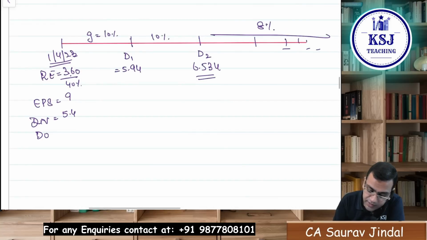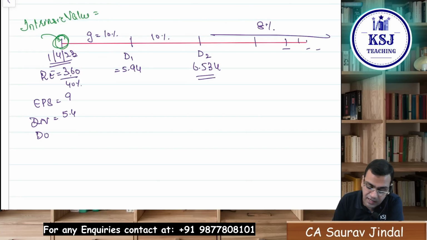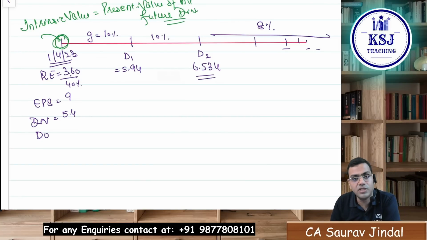Now what they are asking is to calculate the intrinsic value here. Intrinsic value will be what? It will be the present value of all future dividends. But sir, the time period is not specified here.